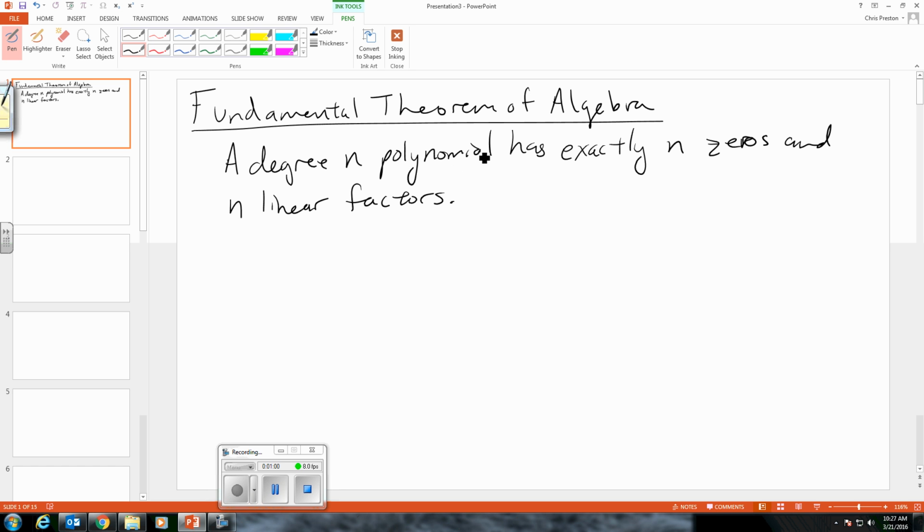Now, it doesn't say that there are exactly n x-intercepts. If you have, let's say, x minus c, that's a factor. There's a factor there. Then x equals c is a zero.